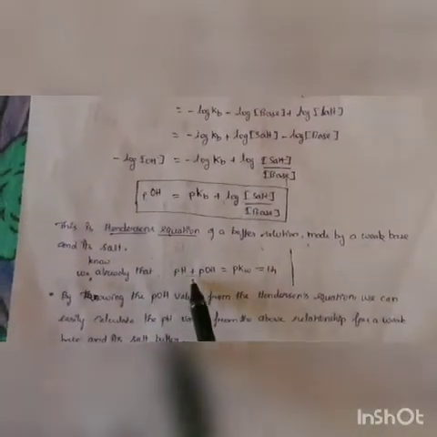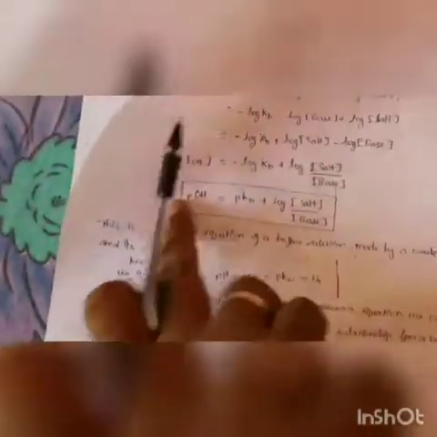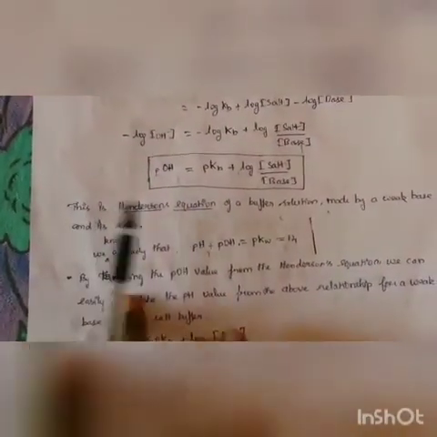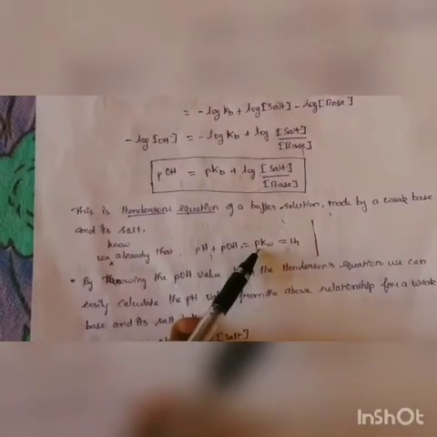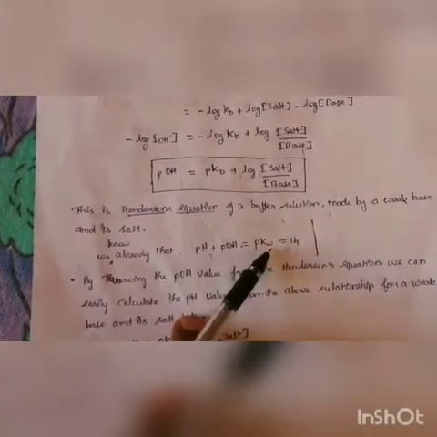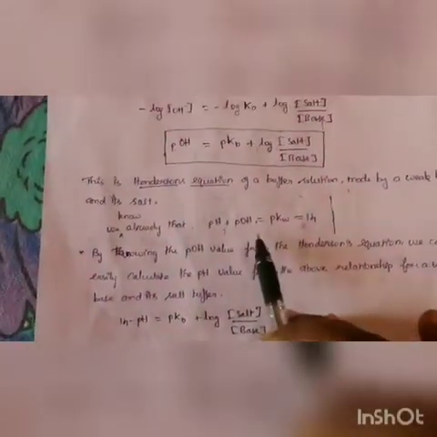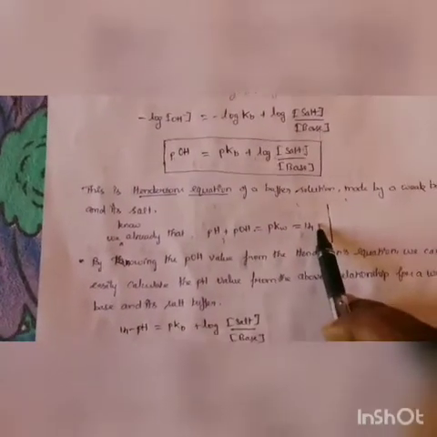We know that pH plus pOH is equal to 14, which comes from pKw, the ionic product of water. We substitute this into the equation to find the pH.